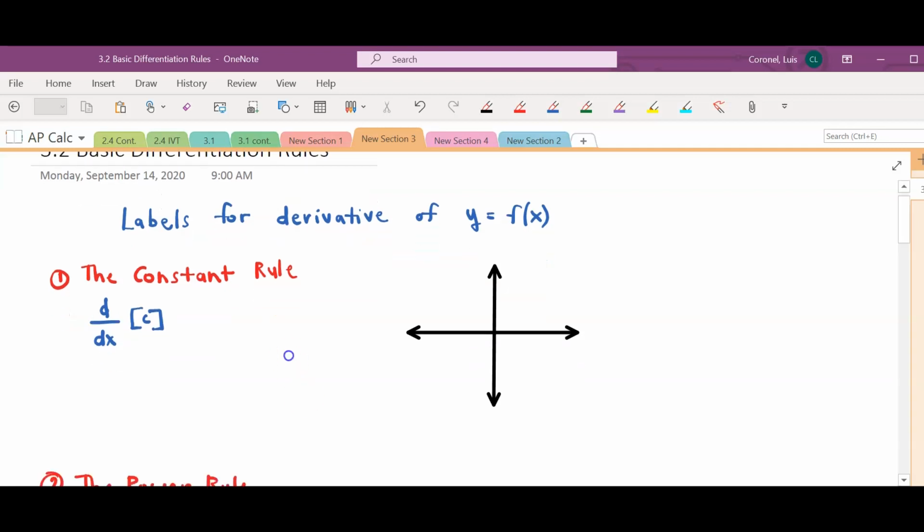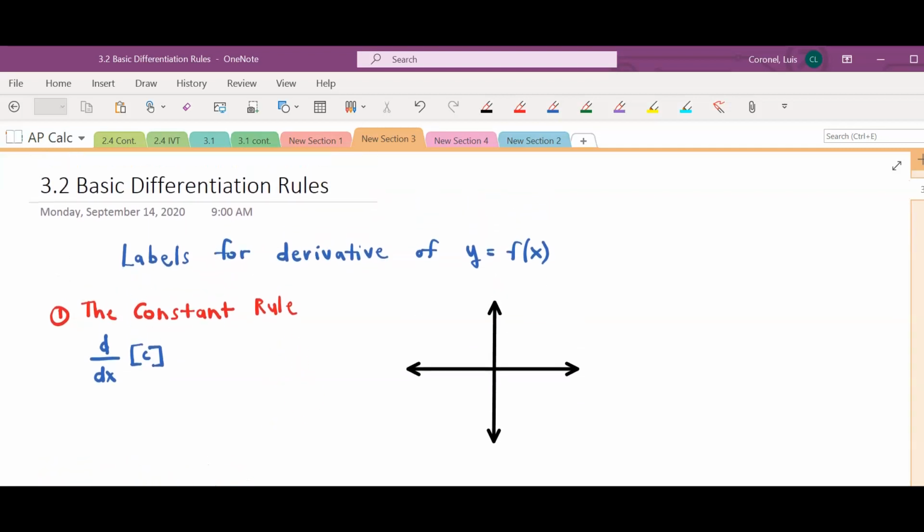Before we get started, some labels for the derivative. Let's say you have your function y equals f of x. That's supposed to be an f. Let me fix that for you guys. So let's say you have your function y equals f of x, and you find the derivative.